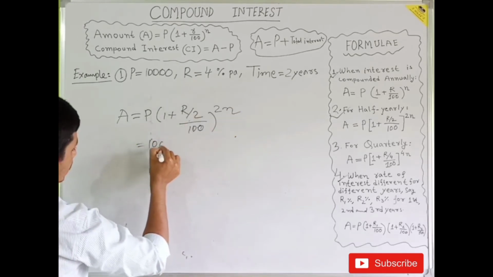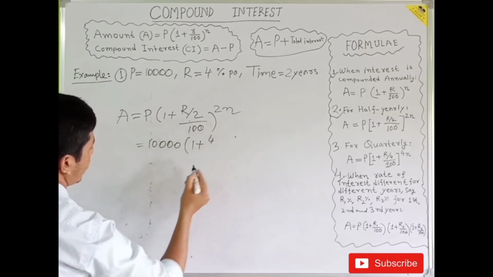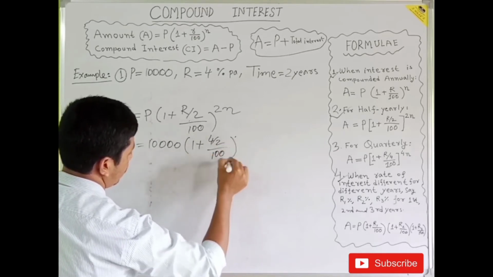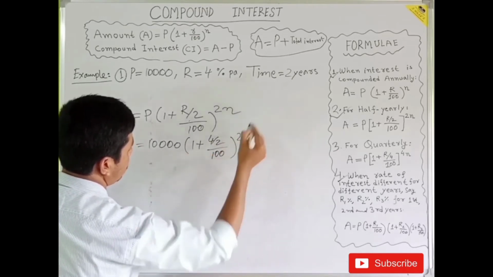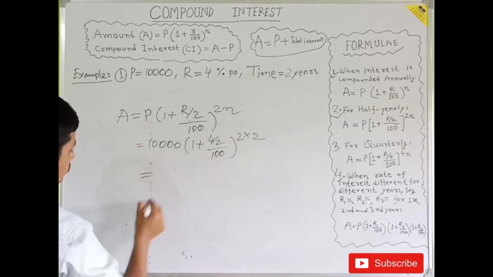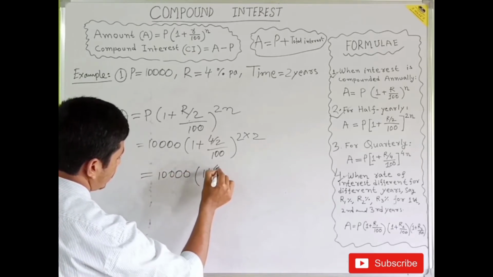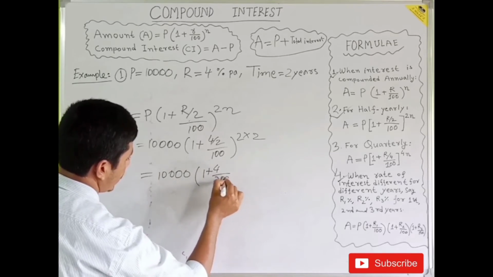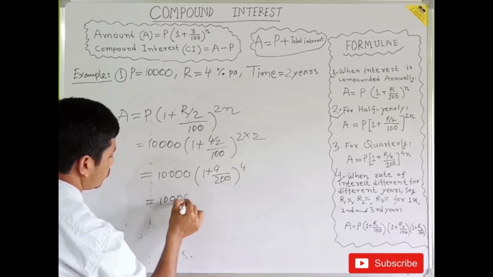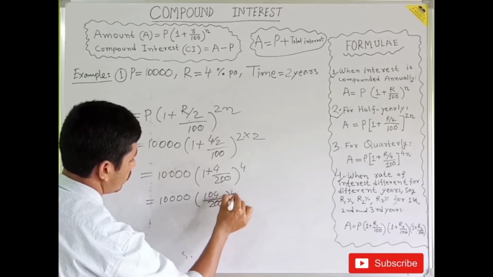Here P is 10,000, R is 4% per annum divided by 200, and n is given as 2 years, so 2 into 2. Then 10,000 into 1 plus 4 by 200, to the power 4.